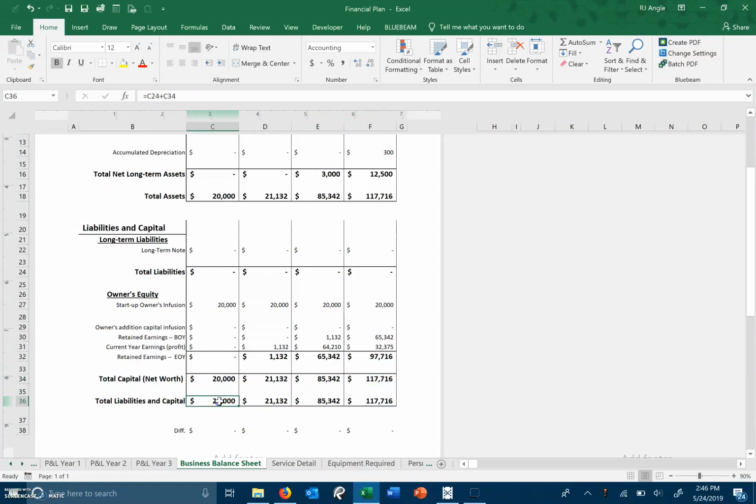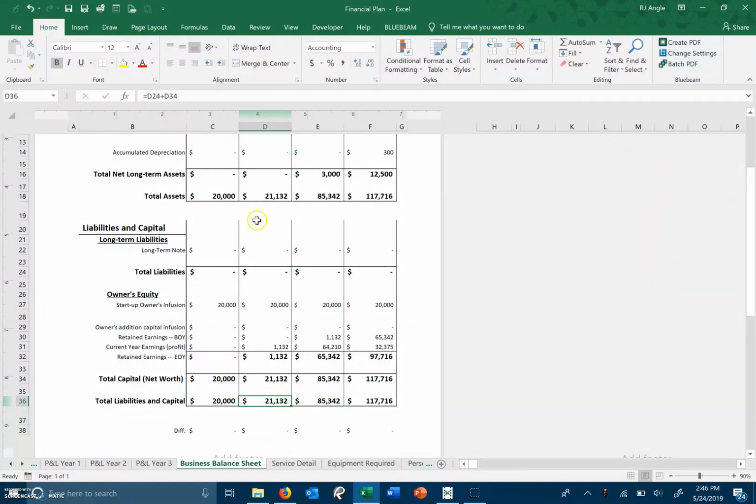Now, your liabilities plus your total net worth is going to equal your liabilities and capital amount. And this should always equal your asset value. It cannot equal anything but your asset value.